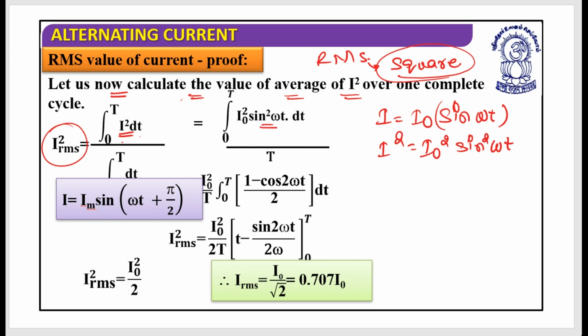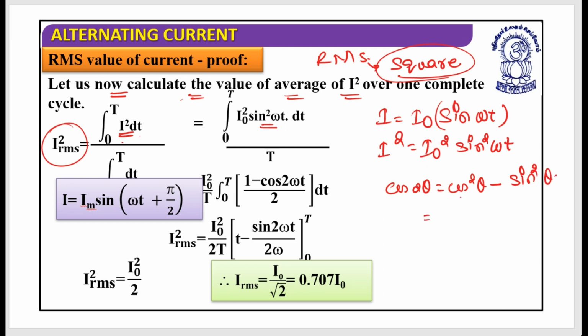Now the problem is I cannot integrate sine square omega t directly. I need to convert it. Let's have a look. Cos 2 theta could be written as cos square theta minus sine square theta.